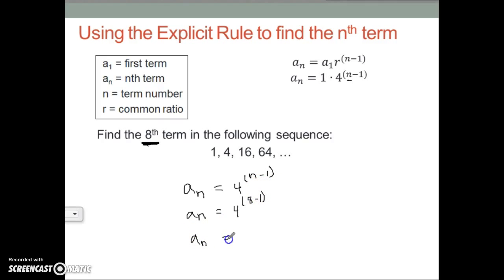So a sub n equals 4 to the 7th power. If you know exponents, this means 4 times 4 times 4 times 4 times 4, 7 times. So 4 to the 7th power, when you multiply 4 times itself 7 times, you end up with a sub n equals 16,384. So this is the 8th term in this sequence.